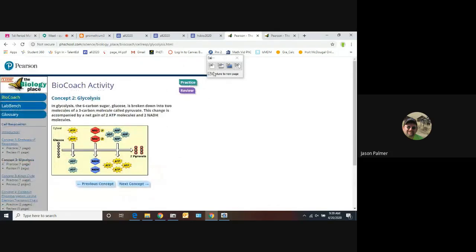And so glycolysis. So glucose, for simplification, we think of it as a 6 carbon chain. It's going to take some energy to break it down, so it makes ADPs.